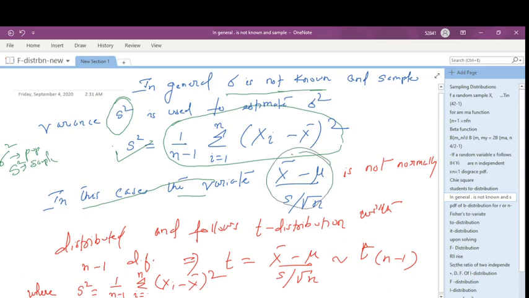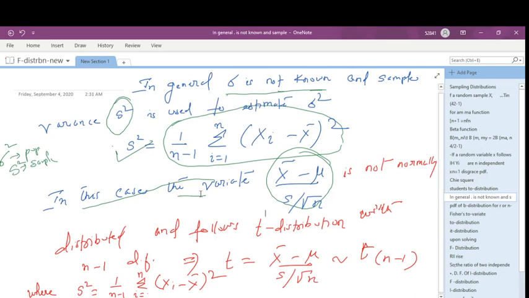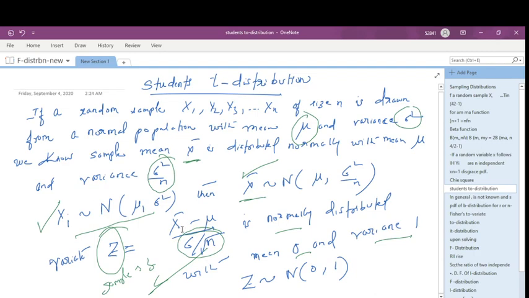But we saw on the previous page that x bar minus mu by sigma by root n is normally distributed, but here s by root n is not, because in the previous derivations, sigma is always the population standard deviation, right?